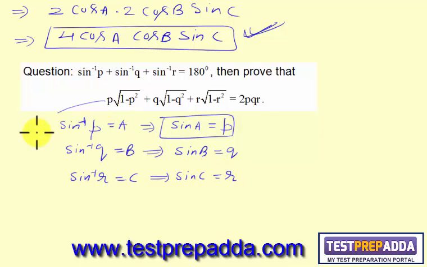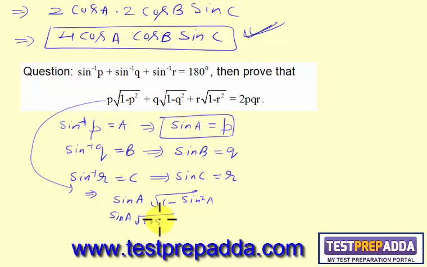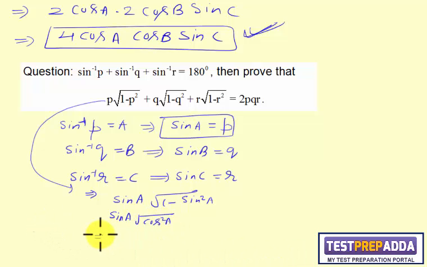Now, take this left hand side. Here, if I take P, I write it as sine A. Root (1 minus P square) means root (1 minus sine square A). 1 minus sine square A is what? Cos square A, so the root is cos A, which can be written as sine A cos A. Okay.